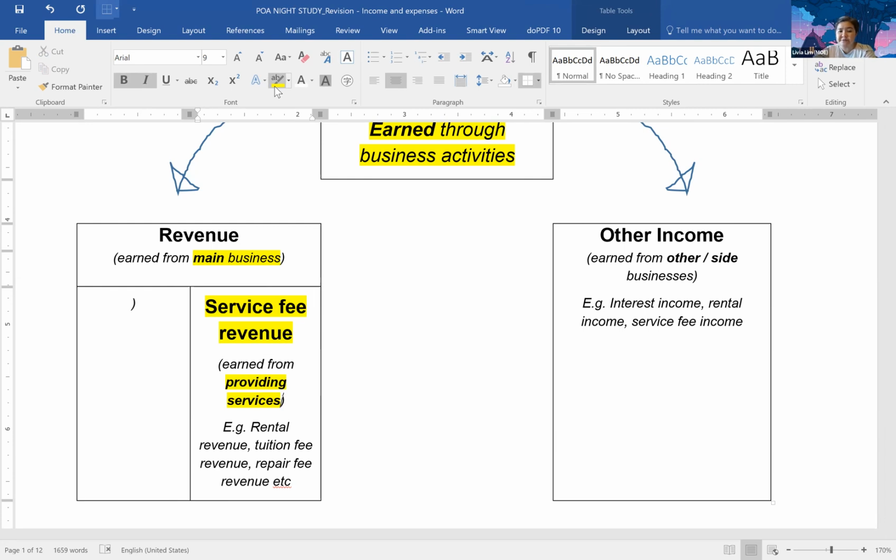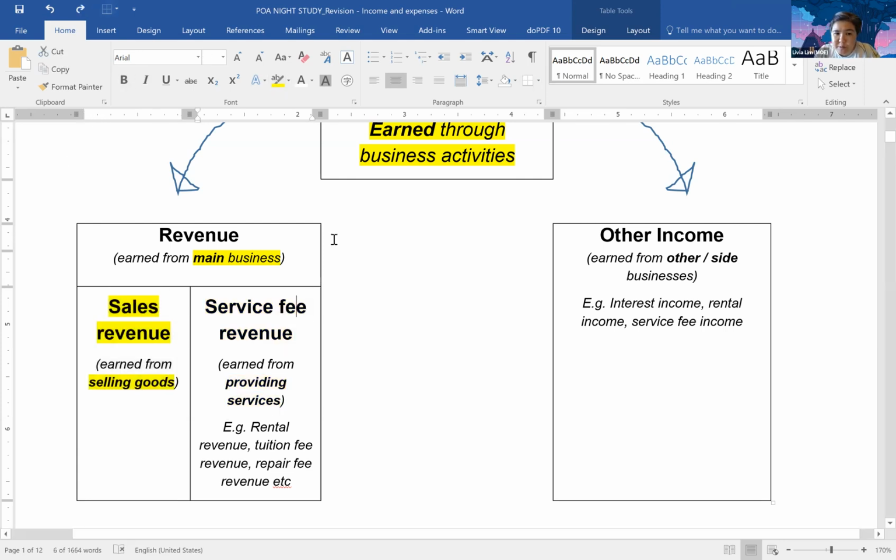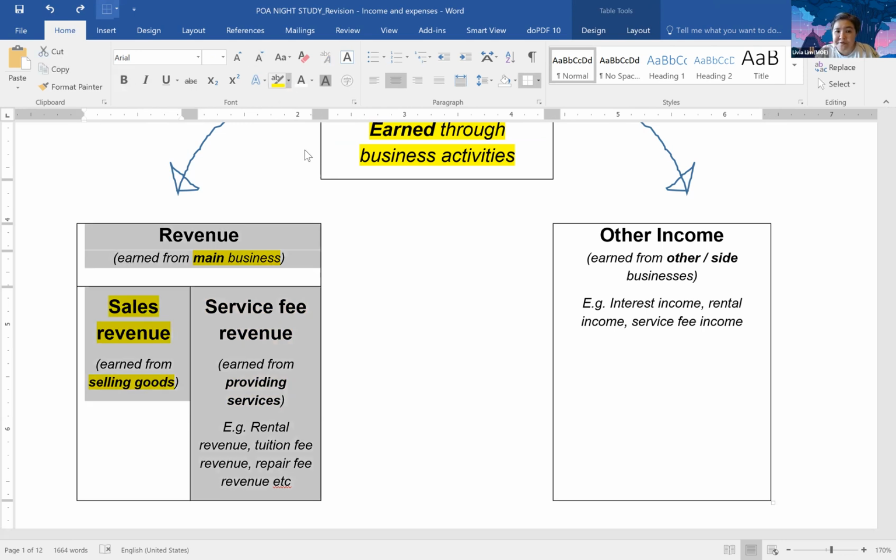Providing that service is still your main business, so it is not service fee income, it is service fee revenue, because repairing bicycles is your main business. So just to remind everyone, that is the key meaning of revenue.